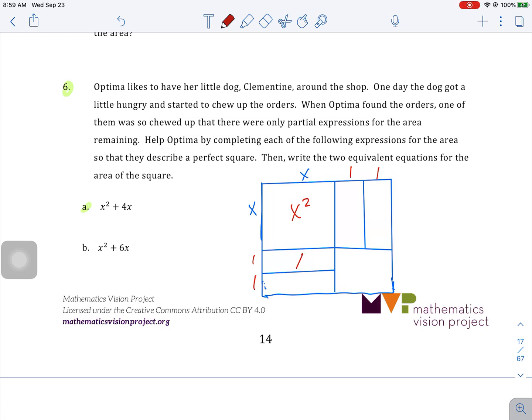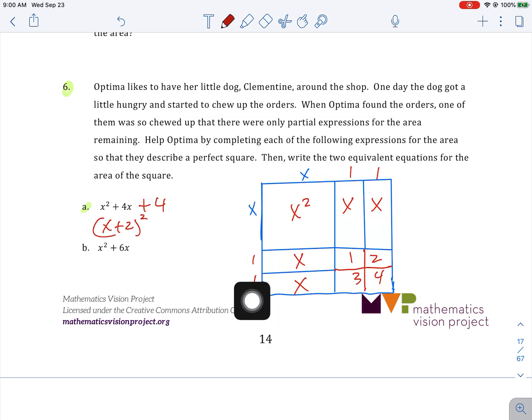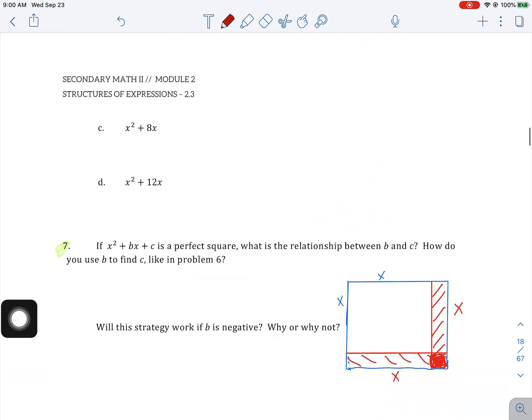This area is x squared. 1 times x is x. 1 times x is x. And then if you look at this, you're going to be able to break this 1, 2, 3, 4 into 4 separate squares that are 1 by 1s. So the third term would be 4, and x plus 2 squared, because it's x plus 2 times x plus 2, gives us a perfect square.